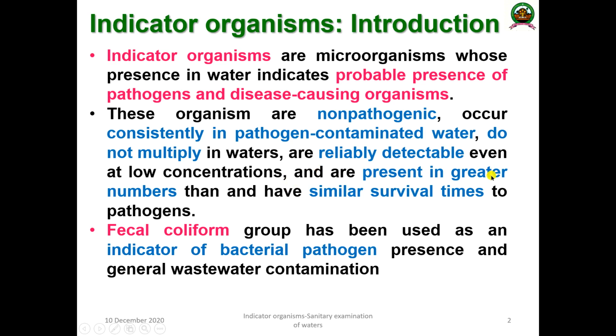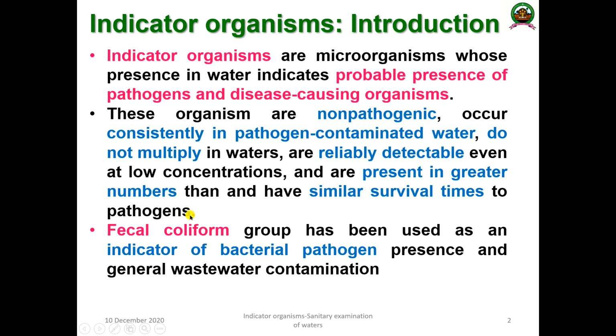These indicators should be present in greater numbers than the other organisms, so that there are more of them for easy detection in that particular water, and they should have a similar survival time to the pathogen.